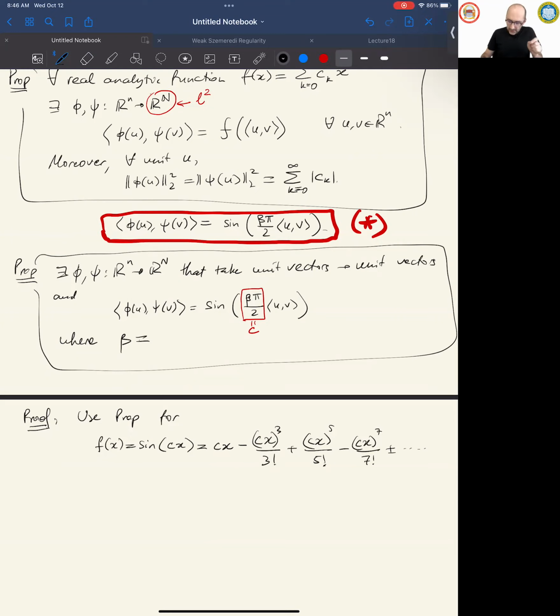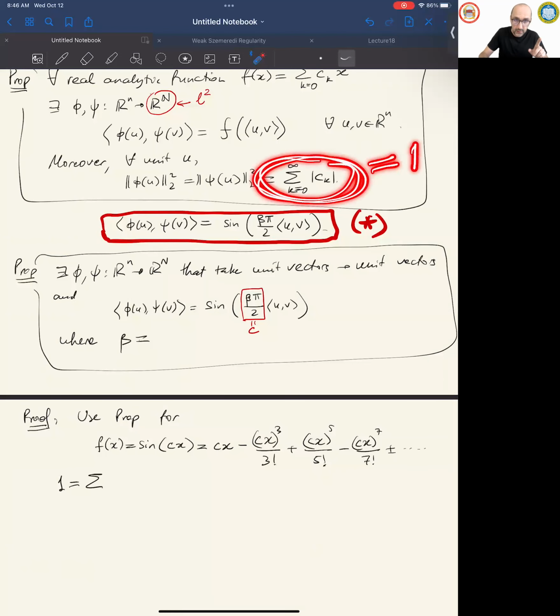Okay. Now we could just stop there. We could say, okay, this is a function. Take it and go. Proposition works, but we want to make sure that it takes unit vectors to unit vectors, and for that we would like this sum to be 1. Yes. So we would like the sum to be 1. So let's equate it with 1.